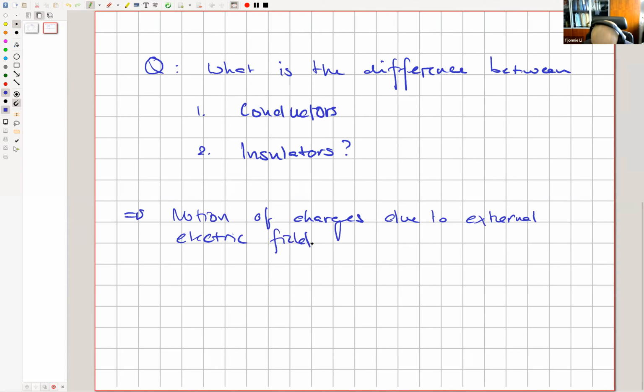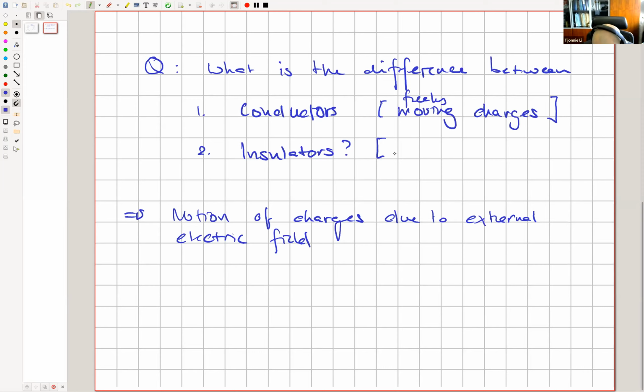We're going to consider magnetic fields later on, so here we're first going to take a look at electric fields. And indeed, their difference is, inside the material, are there any charges that can move freely? For conductors, we have moving charges, or even altogether freely moving charges.